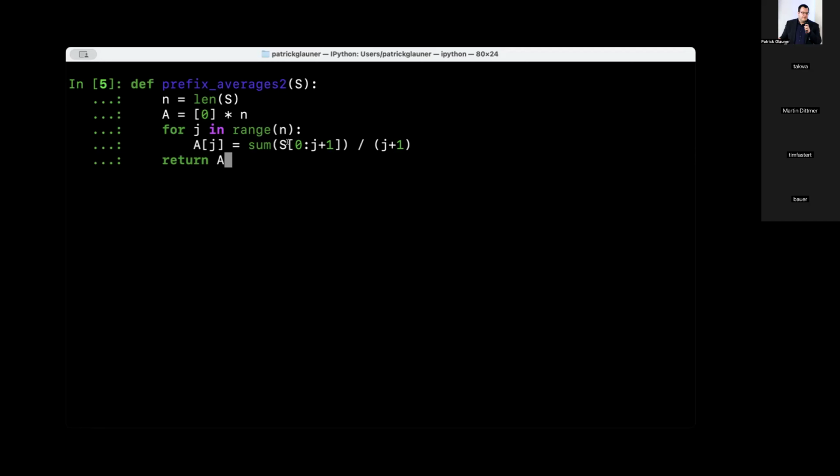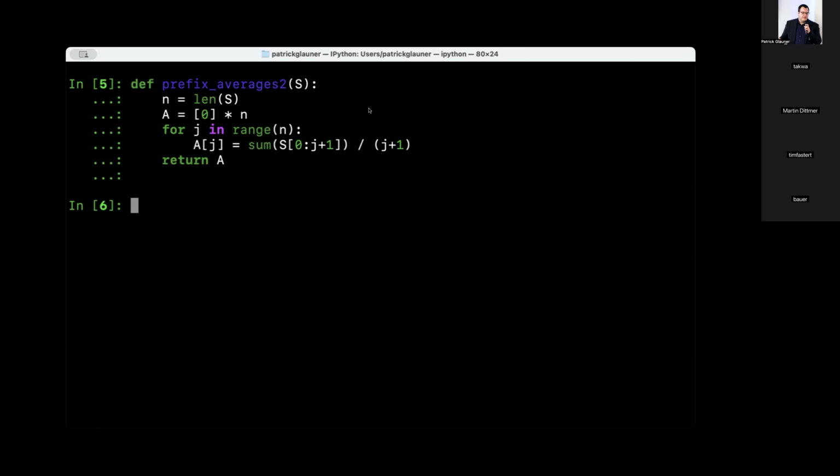So I would look at all the elements from 0 to j. This is exactly what this notation, or the slice, gives me. And then I have a slice of my list, and Python sums it together. I can also delete that 0, then the 0 comes in implicitly, but I just put it in now for the beginning so that we're all on the same page.